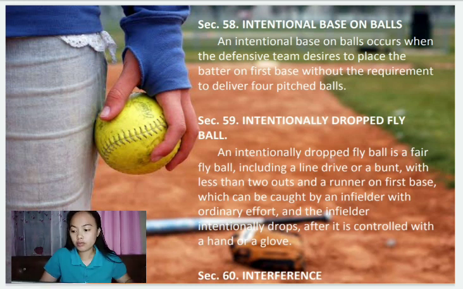Next section is 59, which is the intentionally dropped fly ball. So, ang intentionally dropped fly ball is a fair fly ball. So, it includes the line drive or a bunt with less than 2 outs and a runner on first base, which can be caught by an infielder with ordinary effort, and the infielder intentionally drops it after it is controlled with a hand or a glove.